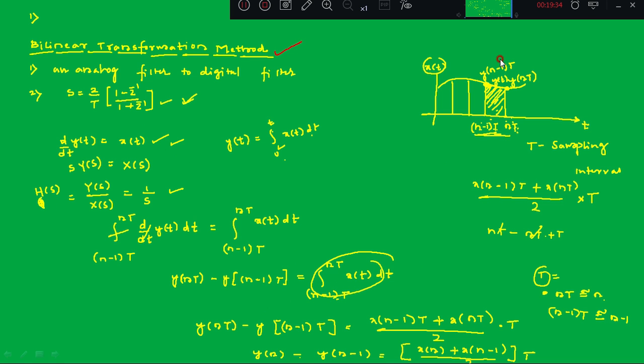The area under this x of t is given by what? The area is height into width. The height is the mean height between these two samples. So this point is x of (n minus 1)T, and this is x of nT, and the area between them is given by what?